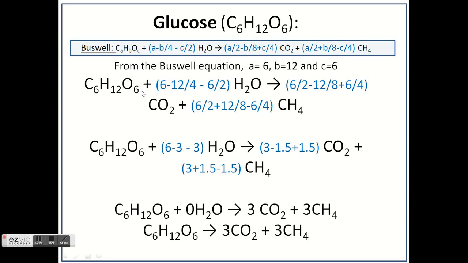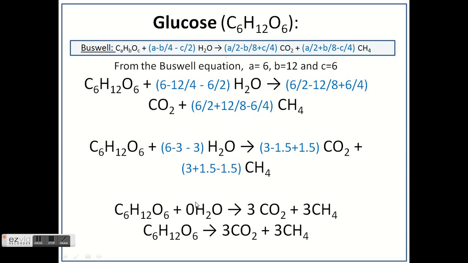If we insert these numbers accordingly into these various coefficients, we'll have 6 minus 6 for the A minus B, which is 12 over 4, minus C, which is 6 over 2. And we'll do that for all the compounds.